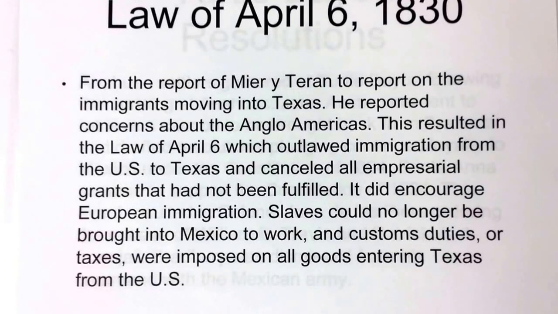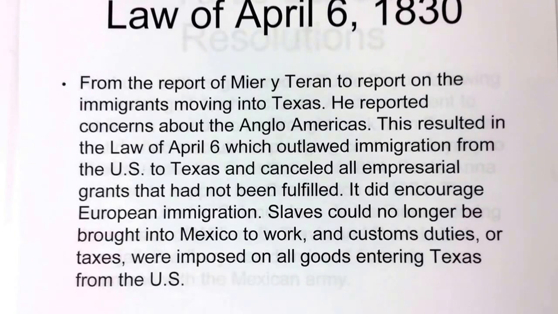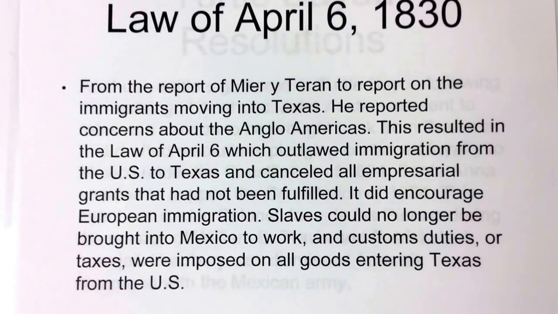It did encourage European immigration, especially from Spain, Ireland, and Germany, but it wanted to stop the people coming in from America. Slaves could no longer be brought in to work, so it ended slavery outright. It also applied customs duties, or taxes, imposed on all goods entering Texas from the United States. So it showed that there was a shift in the relationship between Texas and Mexico. Basically, it ended that whole cordial relationship and showed that it was a very different time.